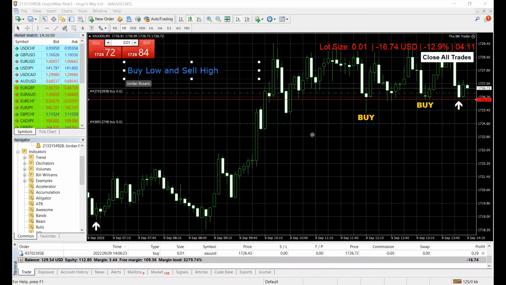Now, our support right here, which is what I've indicated with this line right here. So let's bring that up. Boom. That's a support line.